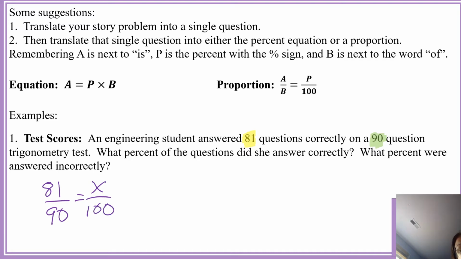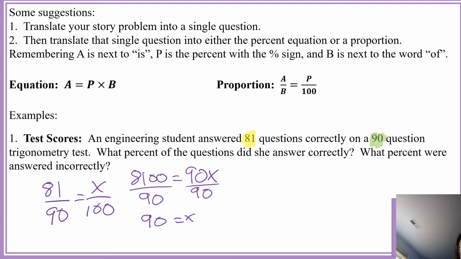Cross multiply times 100 gives you 8100 equals 90x. We divide by the 90 and we get 90. This is nice. So x is 90%. So the answer to the first question is 90%.